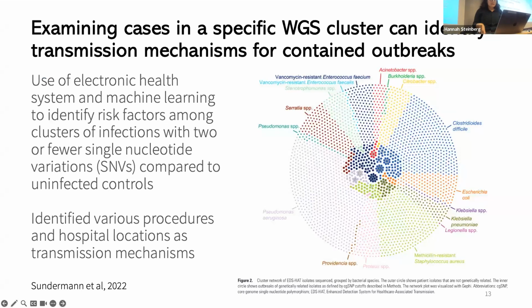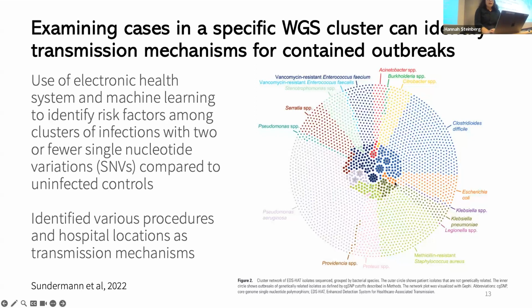were not. So basically what they did, this is the entire ecosystem of healthcare associated infections in a hospital over a given period of time. And you can see there's a lot of different organisms. And then they whole genome sequenced all of these organisms and were able to define these clusters that you can see are dots connected with bars.